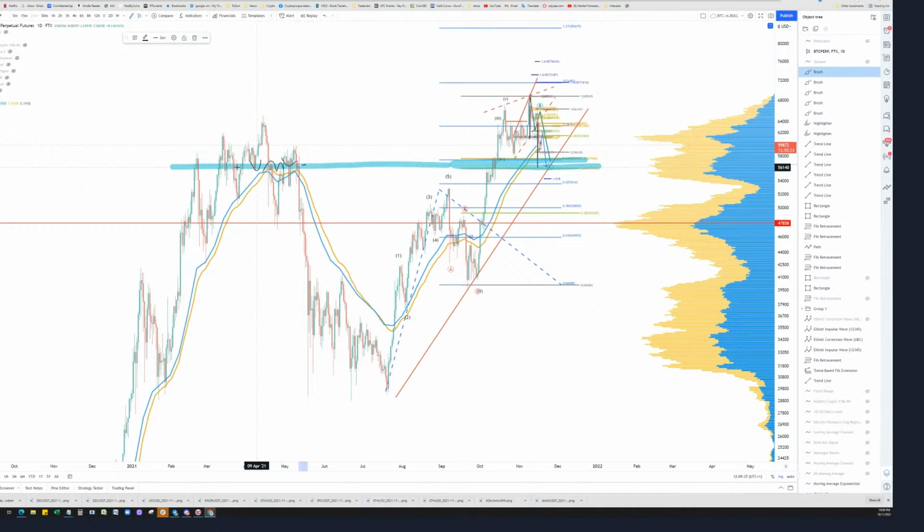So this area had a lot of confluence right in the middle, and it equates to the 0.618 level as well, and it equates to the volume profile. So how long we're going to stay here is the question, and I think this price is likely to come here, and Bitcoin has a habit of pushing down to the last level.